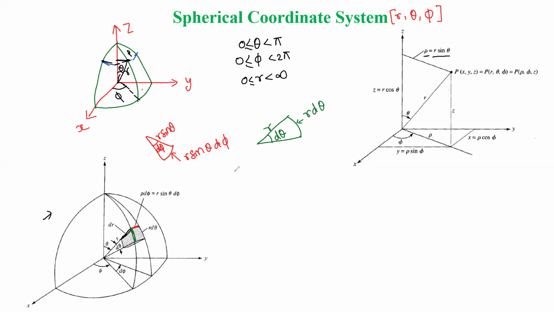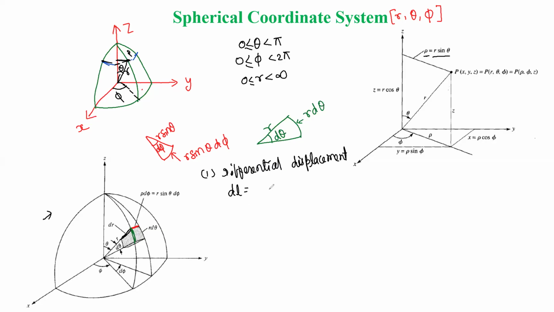So now, finally, we can write the differential displacement here. That is very important for all coordinate systems. What is the value of differential displacement? We write it as dl.